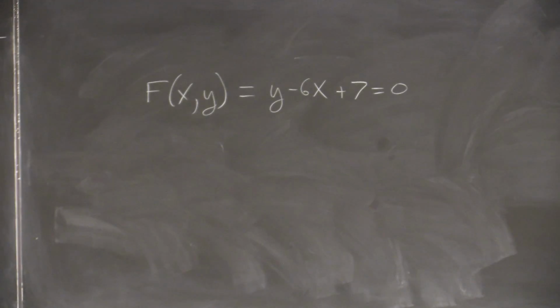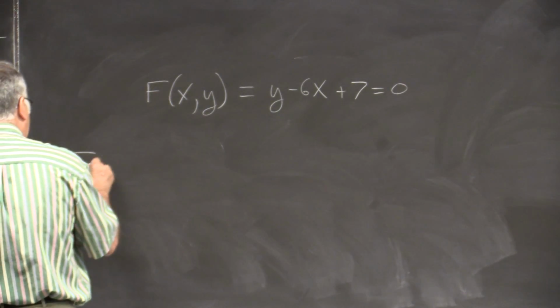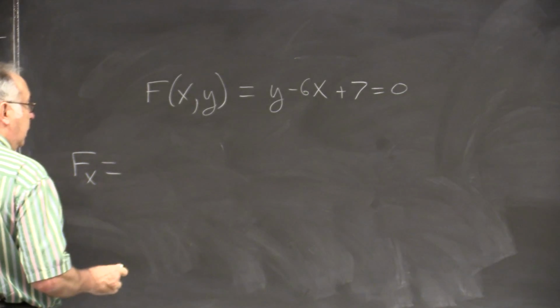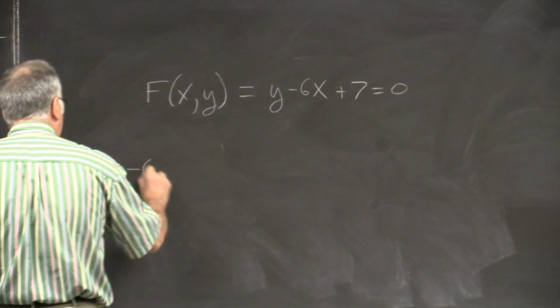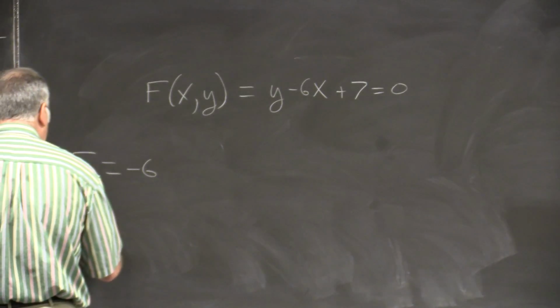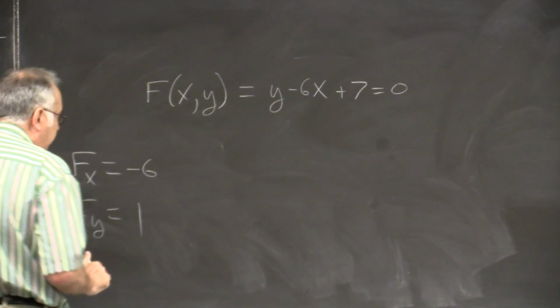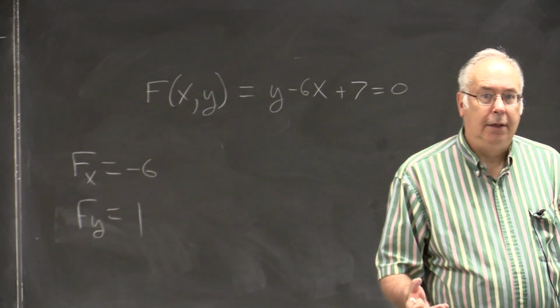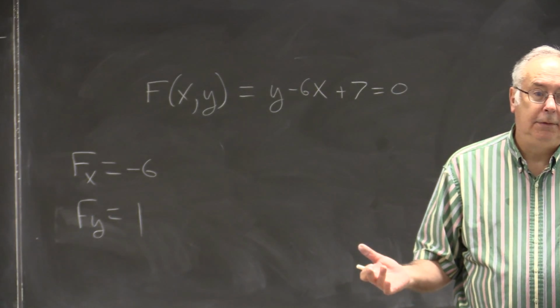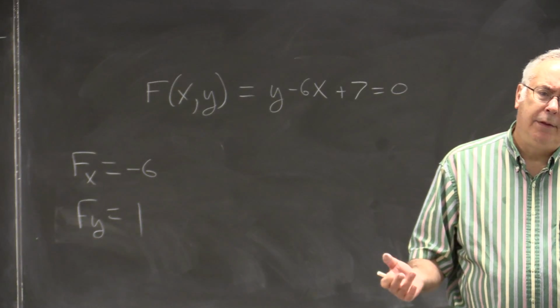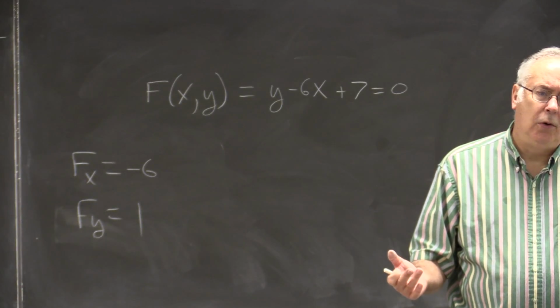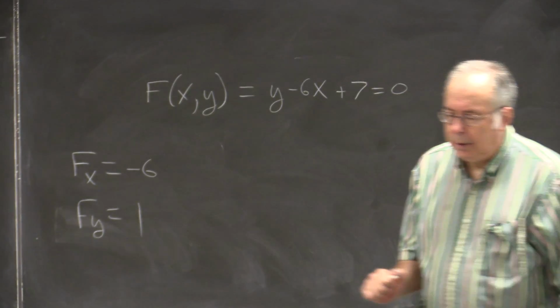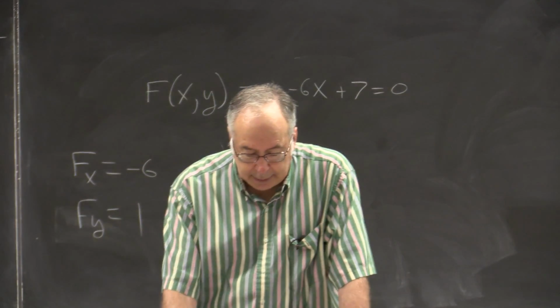Take the partial derivatives. F sub x is equal to what? Minus 6. F sub y is equal to 1. Are those functions continuous? Yeah, you graph them, they're just horizontal lines. There's no holes in them. They're continuous, so that's satisfied.